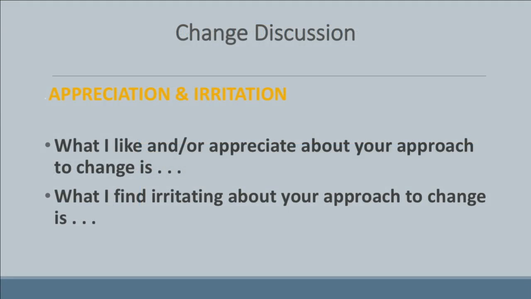Now, one of the things that I like to do once people have a good sense of what these different points along this continuum mean is talk about each other. It's easy to see how we struggle with each other, but I like for folks to actually flesh this out, so that everybody is getting to record and generate some information about this is what I like and appreciate about your approach to change, and what I also find irritating about your approach to change.